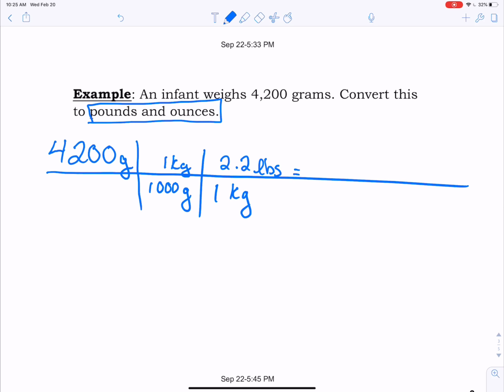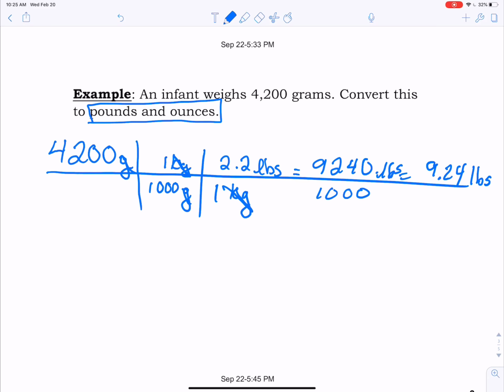So I'll do my 4,200 times 2.2 to get me 9,240. I have 1,000 in my denominator. When I divide them out, that gives me 9.24. And I always want to double check my units. Grams canceled out, kilograms canceled out. So all I'm left with is pounds.